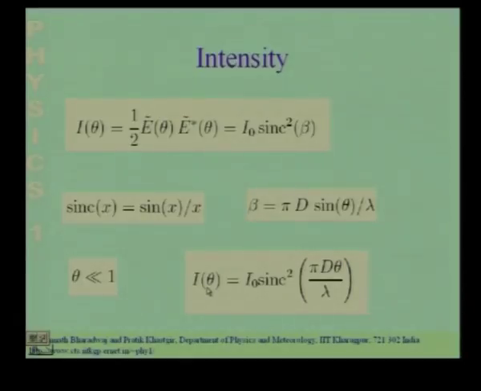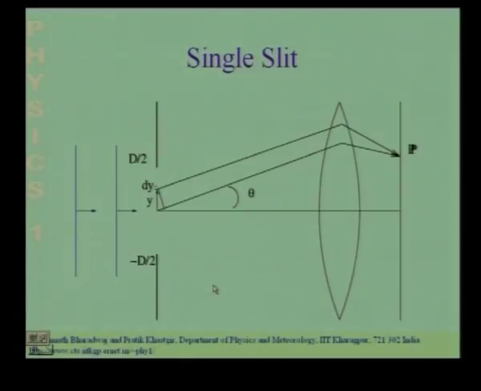So, let me now plot the intensity pattern as a function of theta. Before that, let me remind you what we are doing. We have a plane wave incident on this slit, and each point here emits secondary wavelets. This is incident on a lens, and what the lens does is all the waves emitted at a particular angle theta, it focuses to a single point.